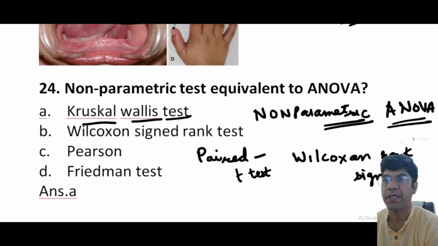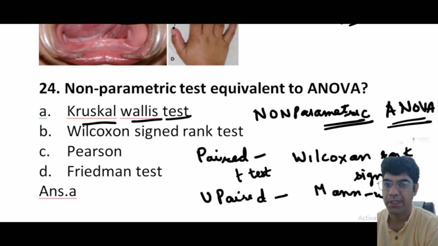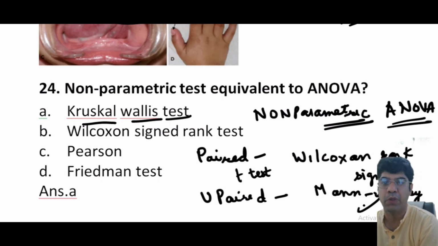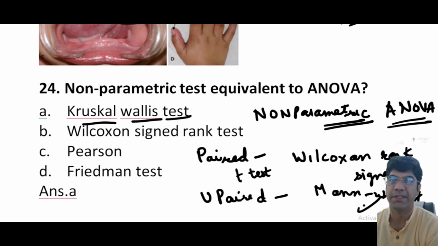The unpaired t-test is equivalent to the non-parametric Mann-Whitney U test. And one-way analysis of variance, that is ANOVA, the parametric test, is equivalent to the non-parametric Kruskal-Wallis test. So the answer is A here.